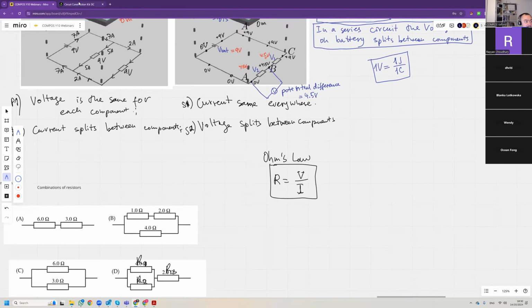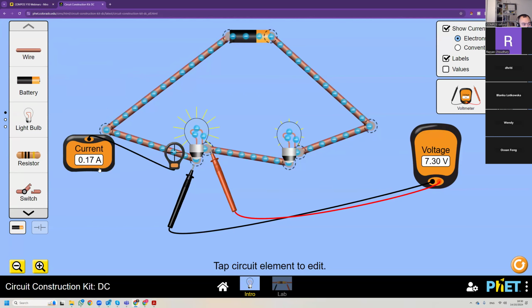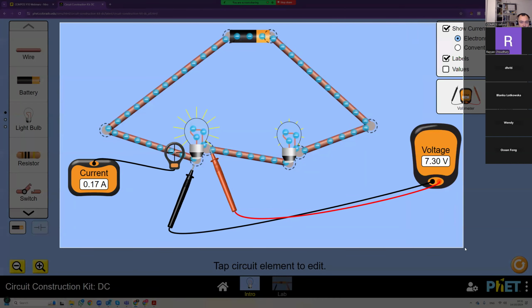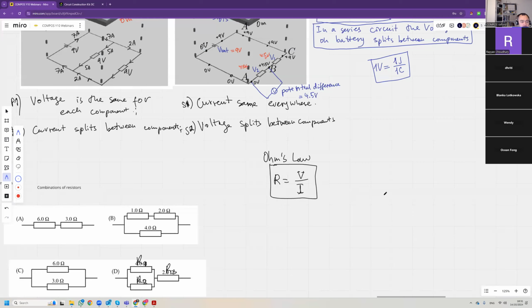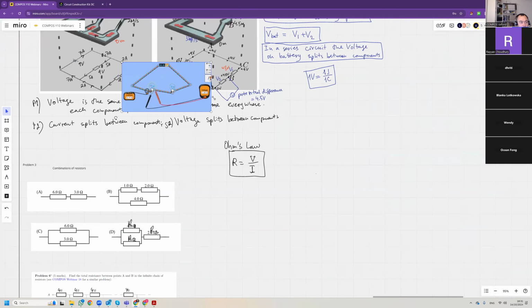Well, let's have a look. For example, if we take the current through this lamp and the voltage, we can see voltage divided by current. Well, let's do that.